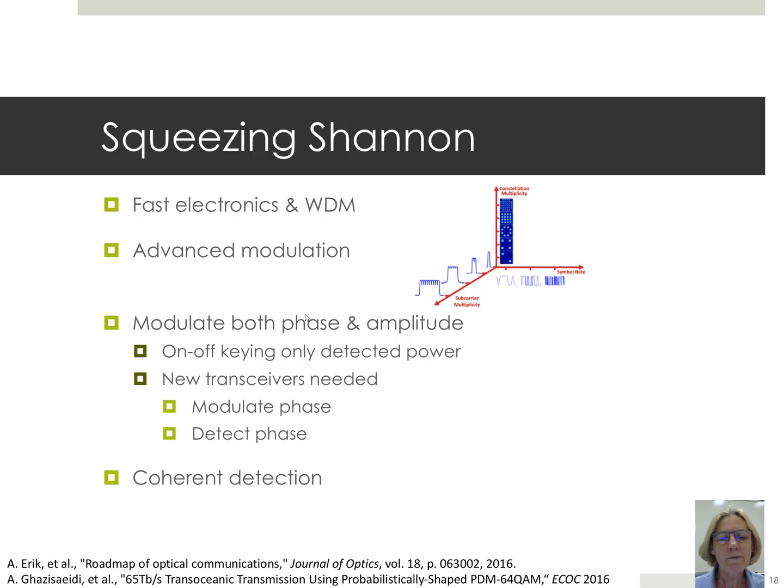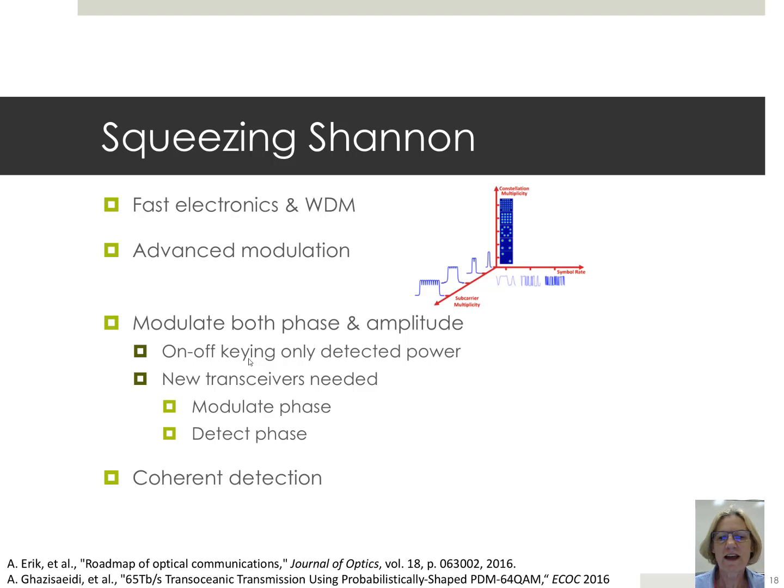Modulating both phase and amplitude has been going on for a long time in wireless and in other electronic wired communications. It was not used in optics, not because we couldn't, but because we had it so good already. We had so many wavelengths we could exploit. Our on-off keying was so inexpensive that we used it for years and years, which was very simple again. It was just there's power or there's no power.